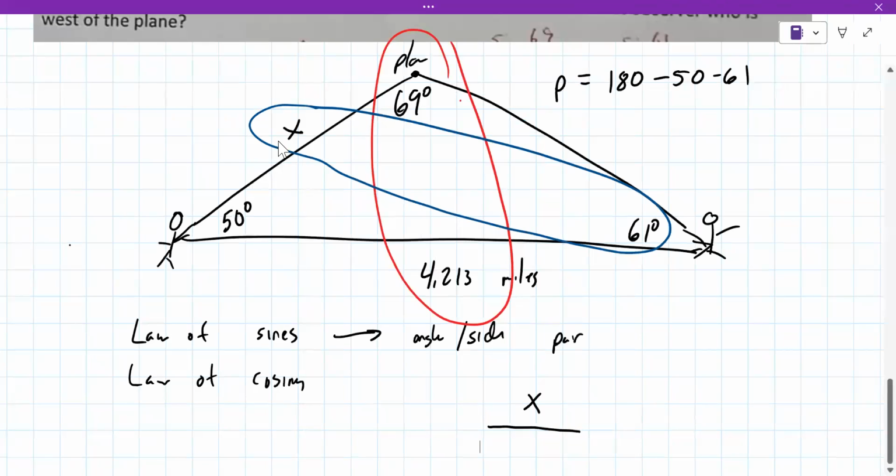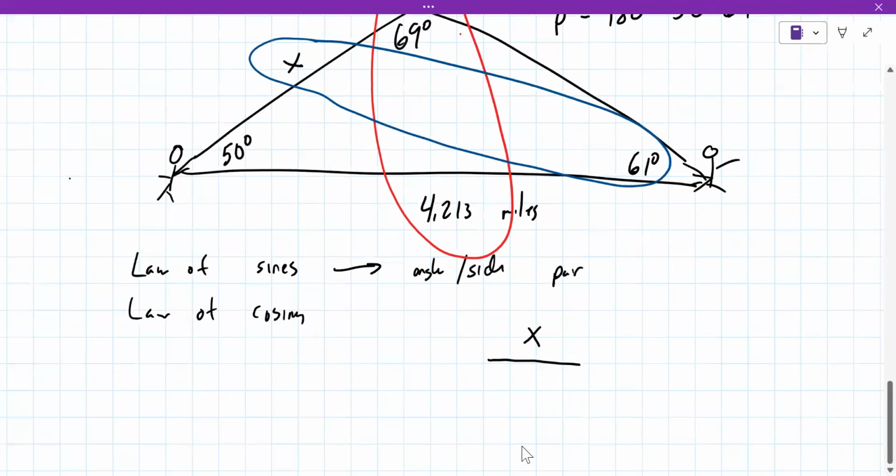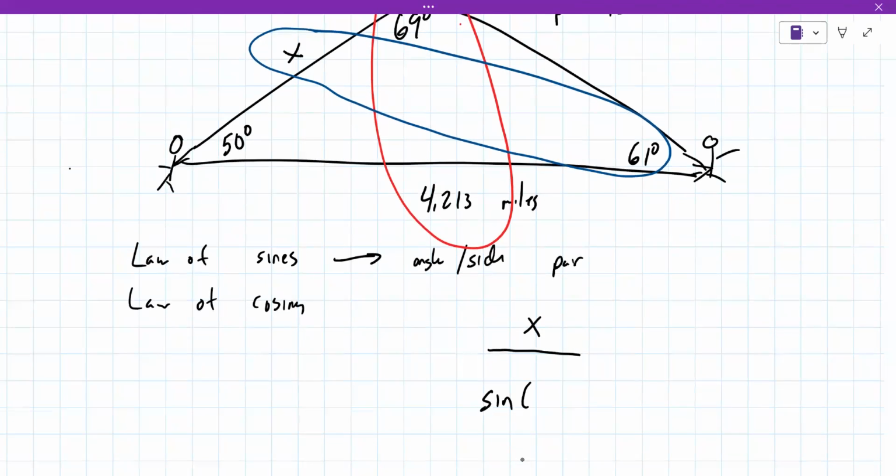So since you're trying to find the side in the top left, the sine of the angle across from it goes in the bottom left. So sine of 61. On the other side of the equation, you put the side that you have, 4.213. It's got to be side over angle, sine of 69 degrees.